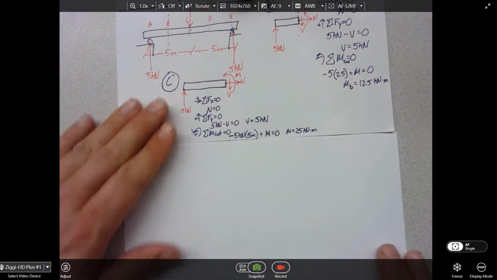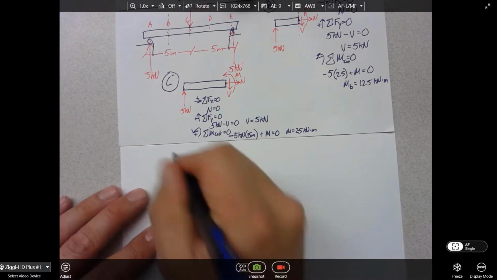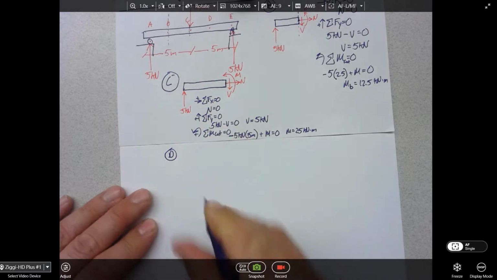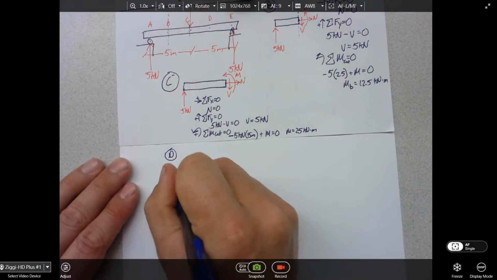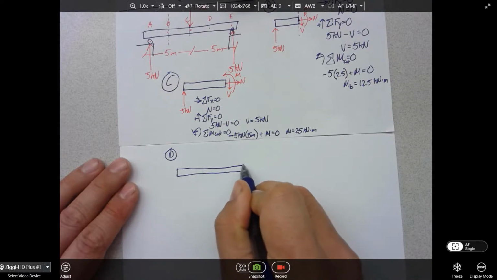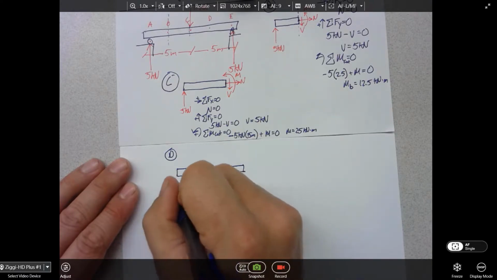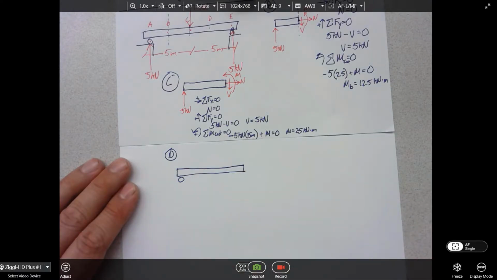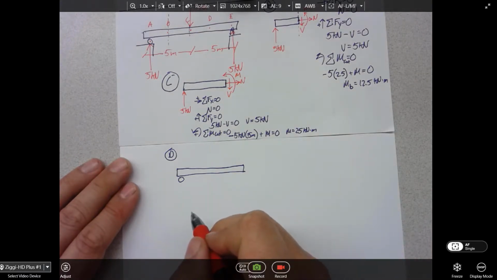Okay. So let's do joint D. So free body diagram of joint D. What's it look like, Vlad?